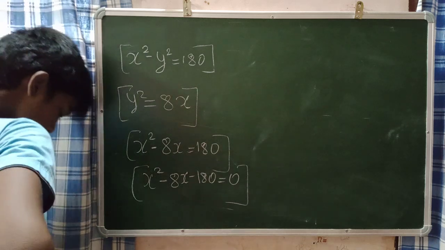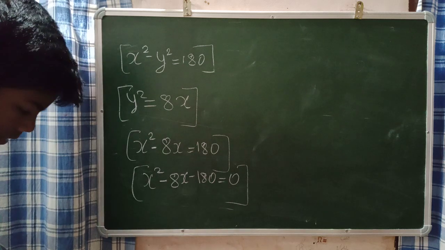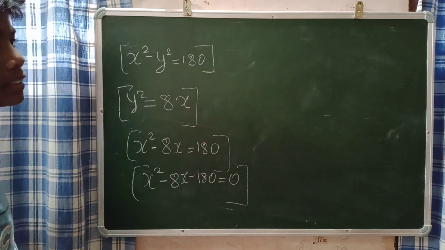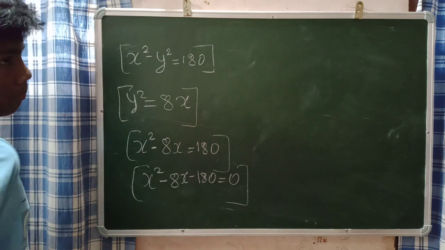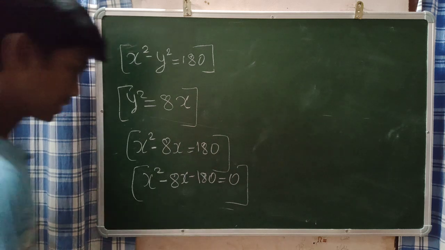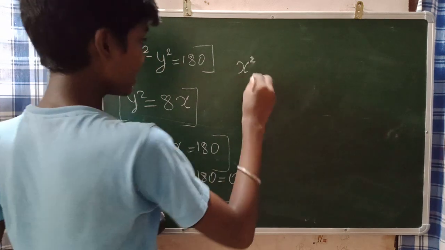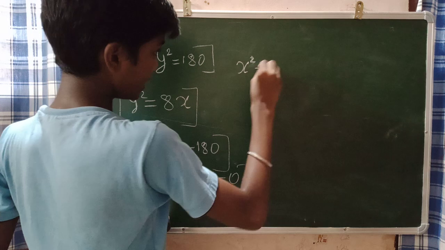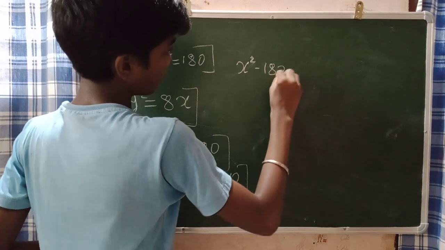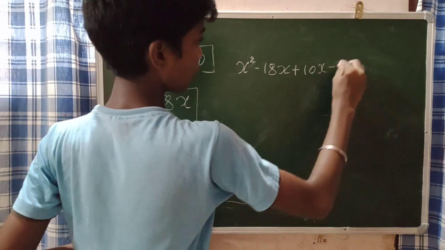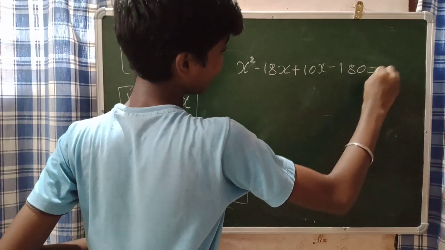By what can we factorize? You can factorize this as x square minus 18x plus 10x minus 180. Can't I factorize like this?